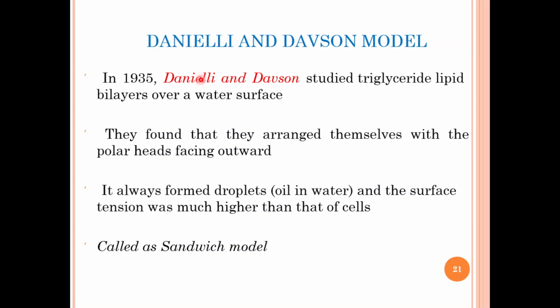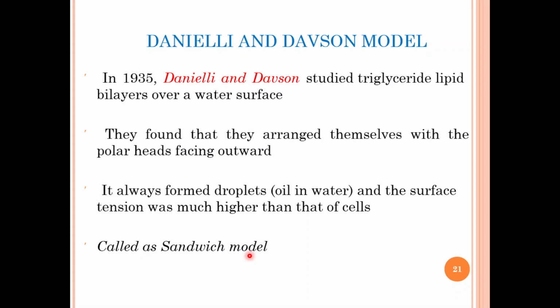In 1935, Danielli and Davson studied a triglyceride lipid bilayer over a water surface. They found that it arranged itself with the polar heads facing towards the water. It always formed droplets, oil in water, and the surface tension was much higher than that of cells.